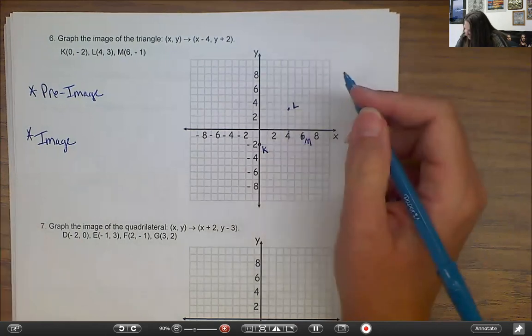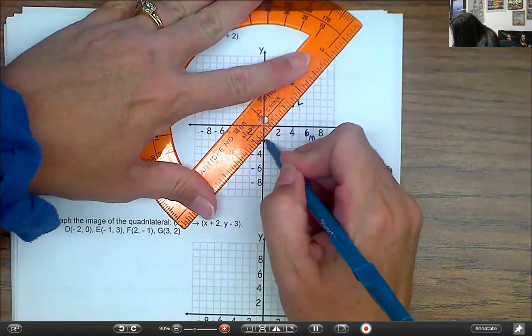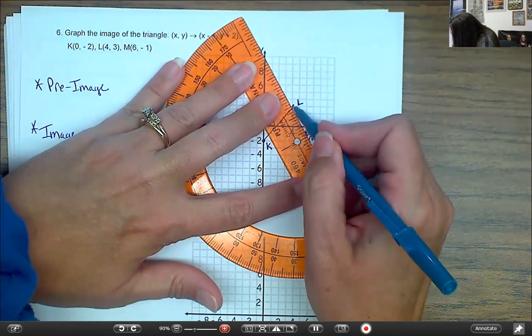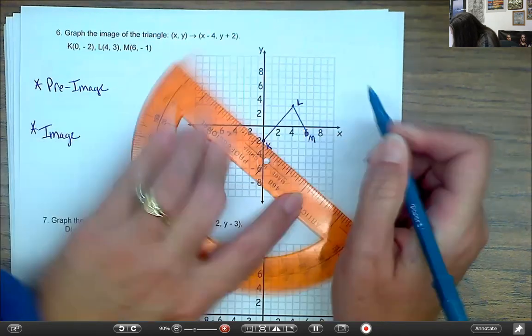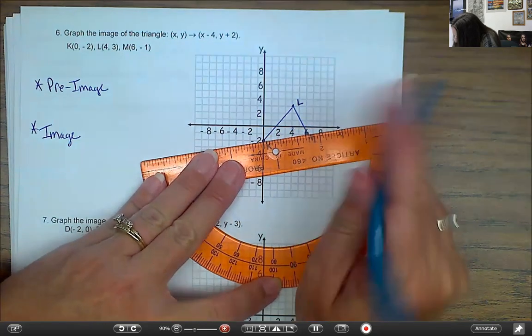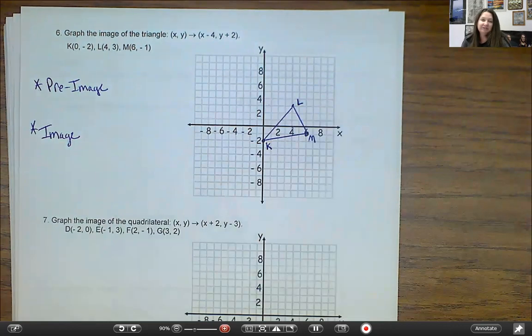There's M. Try to use your construction tools whenever you're creating figures, because we want them to be neat and we want to see our construction work itself out when we go to calculate it.